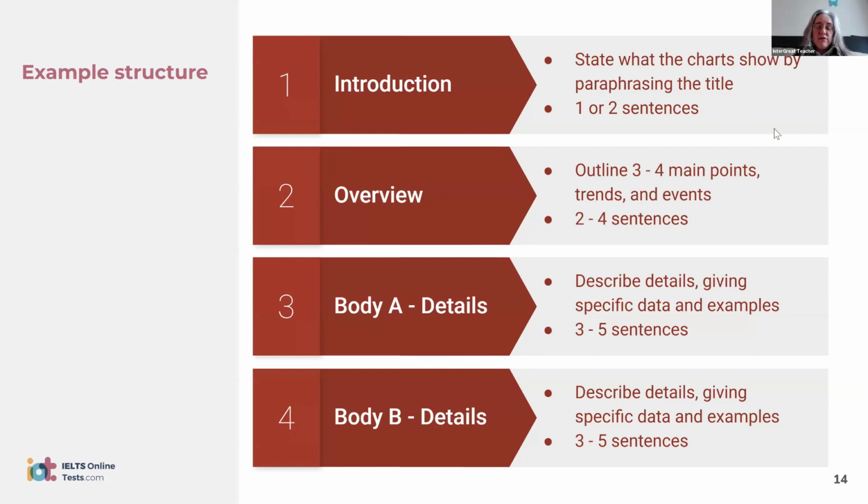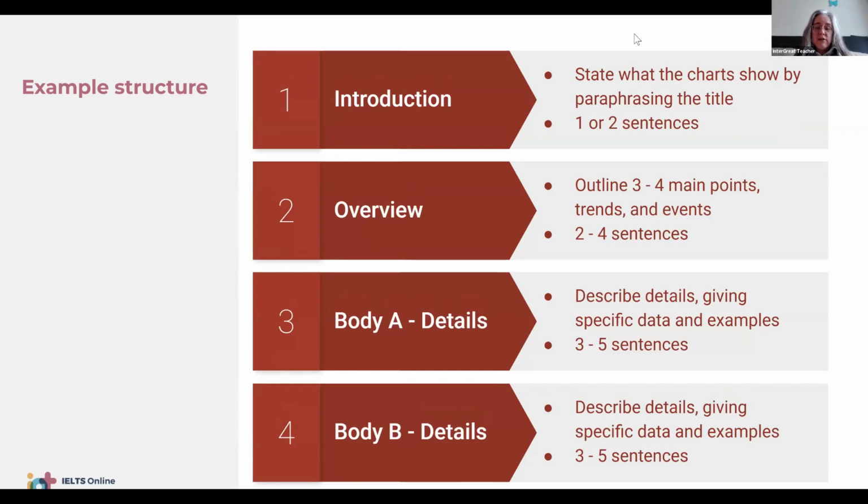which in fact is quite different to the general overview because you do not include figures in the general overview. Okay, so don't include figures in the general overview. Keep those for the main body. When you are going into the specifics in the main body, that is when you include the figures.